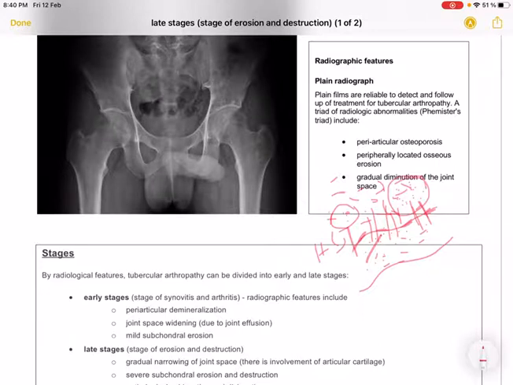The same thing will happen in the joint as well. For example, this is your normal joint, and there is an entry of microorganism or some other foreign particle, then there will be an increase in secretions from the lining of the synovial membrane.